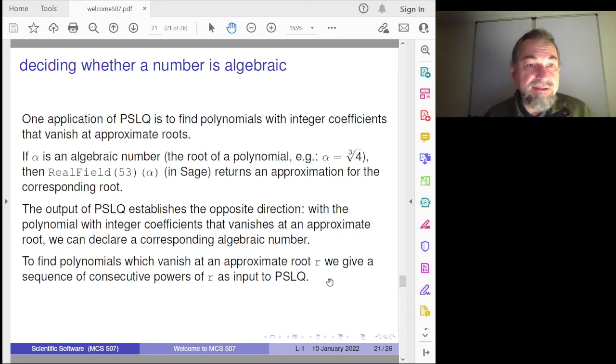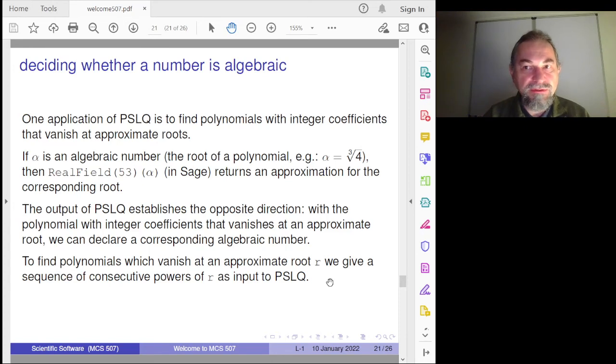And you can take it and make an approximation for it. But what you can do with PSLQ, you can verify, or if you have a real number, you can compute the closest algebraic number to this.